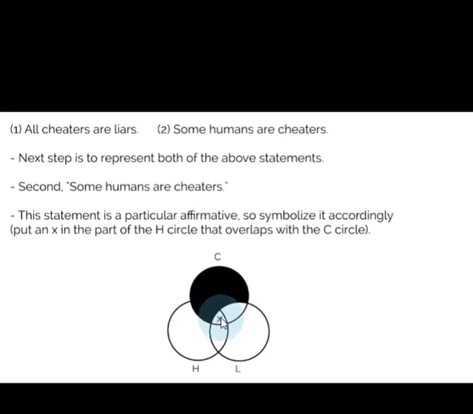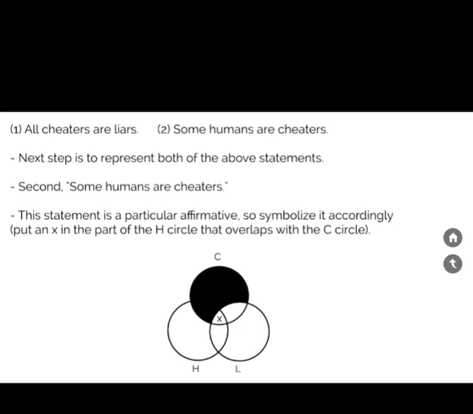So that means we have to put it right here. So look, we're kind of being forced to put it into the liar circle as well, right? It's that forced nature that gives us a brand new conclusion. It's the fact that the choices we're making now when we represent the premises will have logical entailments. They'll have logical conclusions. It means, for example, that there's at least one member of C and L.